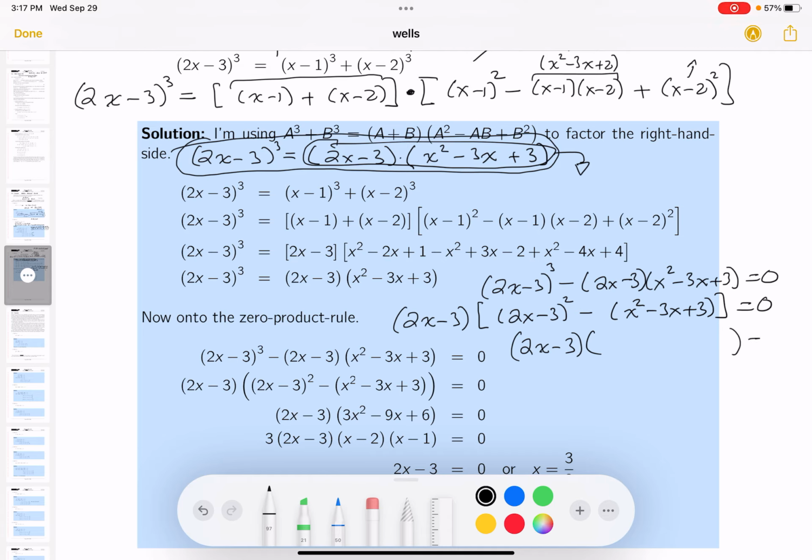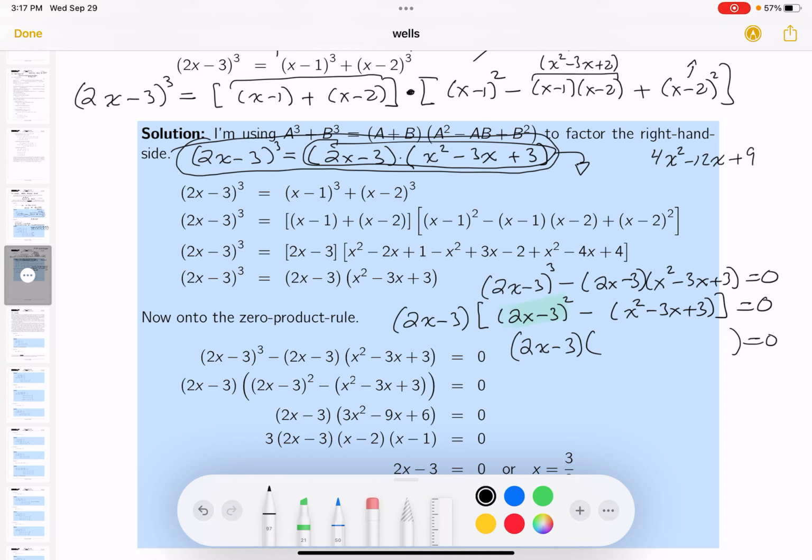Now, I got to do what's on the inside there. And that looks like a lot of work, right? So I'm going to point out what I'm doing over here. I'm going to do this first. And let's write that down for you. That would give me, and this is side work for me, it's a lot of side work, 4x squared minus 12x plus 9.